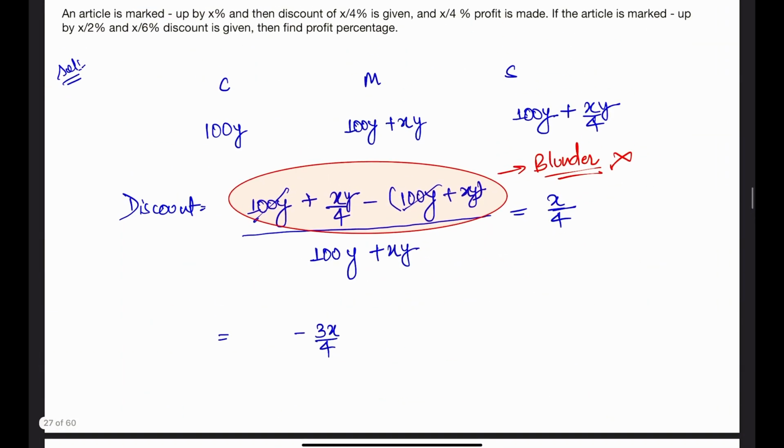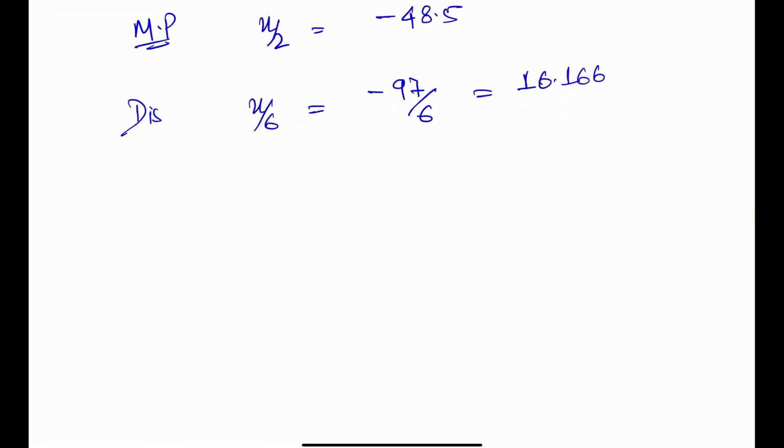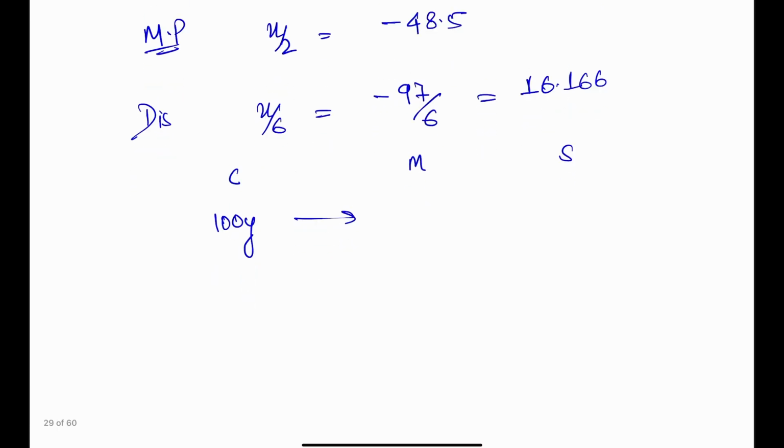So what was the question given? What is the profit percentage? So profit percentage again, 100y. So my markup price will be again removed, 100 minus 100y or minus 48.5.